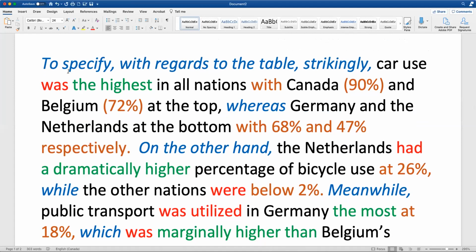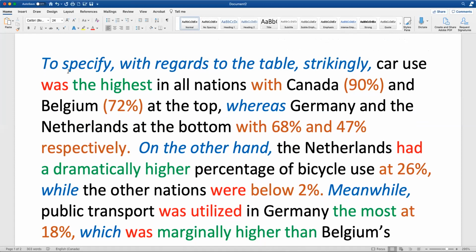To specify with regards to the table, strikingly, car use was the highest in all nations, with Canada 90% and Belgium 32% at the top, whereas Germany and the Netherlands are at the bottom with 68% and 47% respectively.